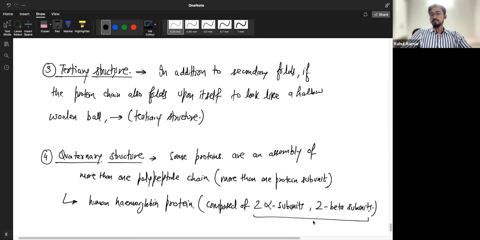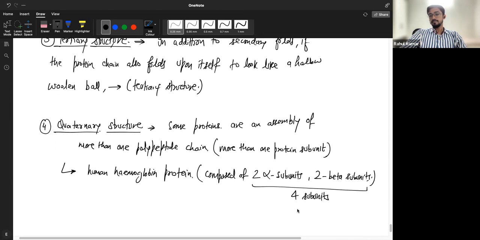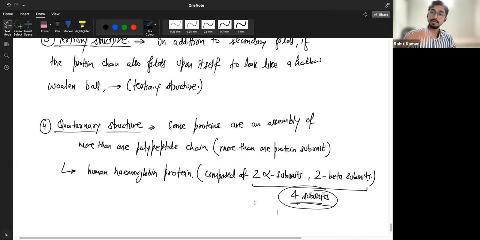Total how many units? 4 subunits. So every subunit will go till tertiary structure, and then all these tertiary structures will come together to make a quaternary structure.